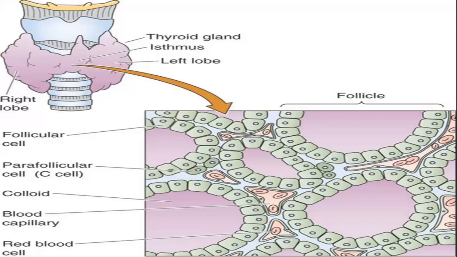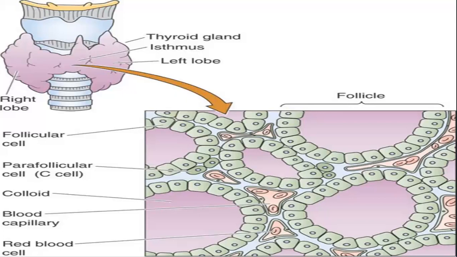And coming to the parafollicular cells, they secrete a hormone called calcitonin. So three types of hormones are secreted by the thyroid gland: T3, T4 and calcitonin. But the important hormones are T3 and T4, which are secreted by the follicular cells.